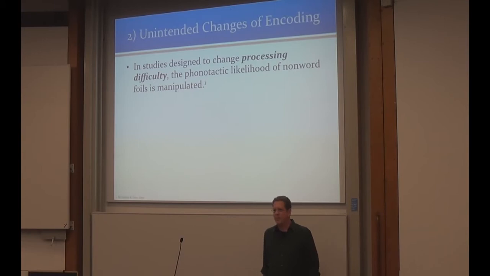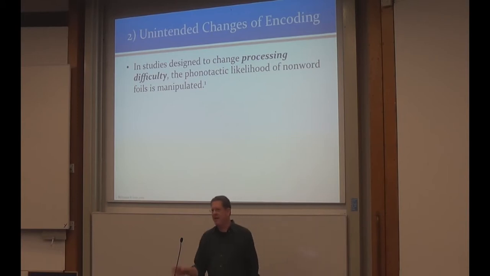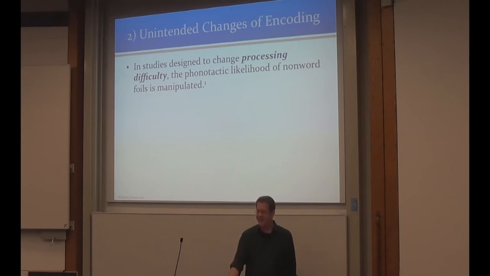Let's say your job is to discriminate spoken words from spoken non-words. And the manipulation that makes it either easy or hard is that the non-words are either really similar to words, so you have to listen carefully, or they're not similar at all. This is an actual example from their paper.